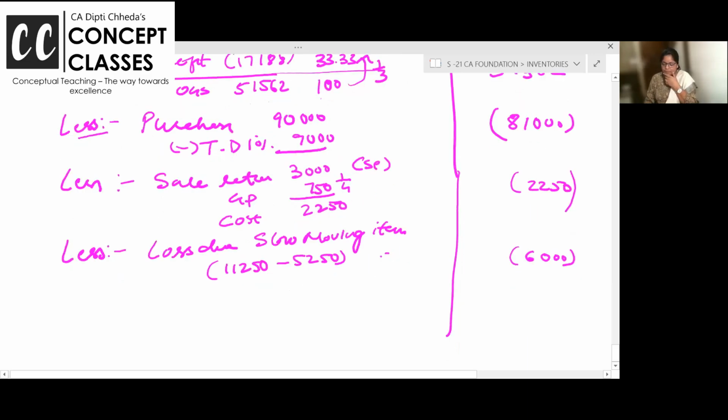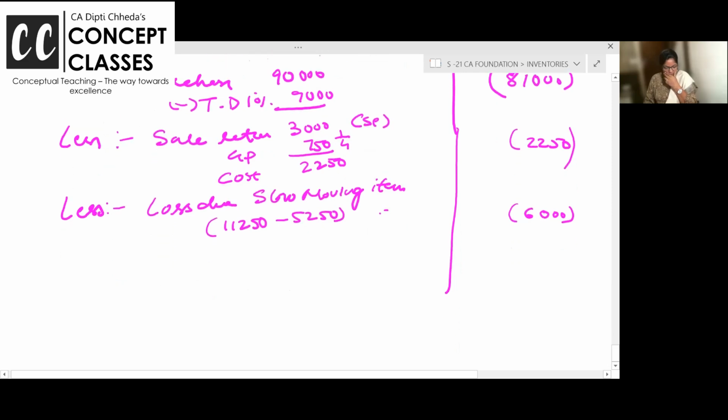$6,000. Why am I minusing 6,000? Because some value of the item is reduced. Due to heavy rain, certain goods costing 15,500 were received from the supplier beyond the delivery date of the customer.